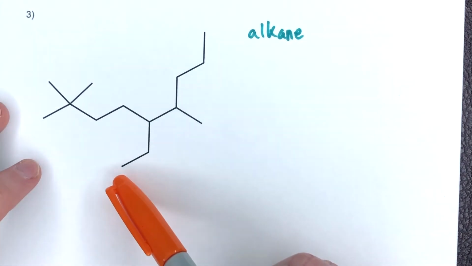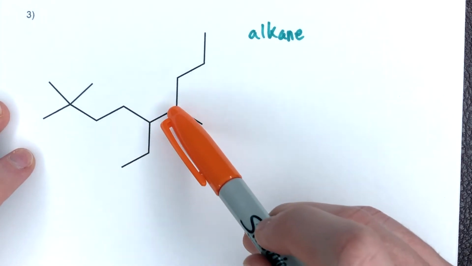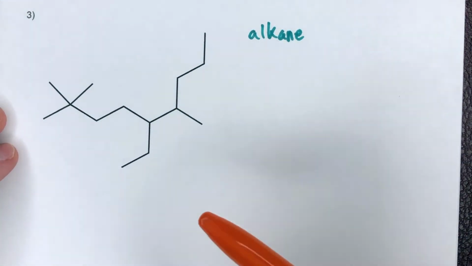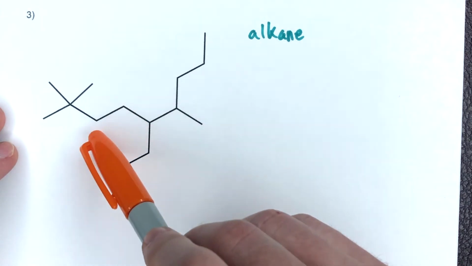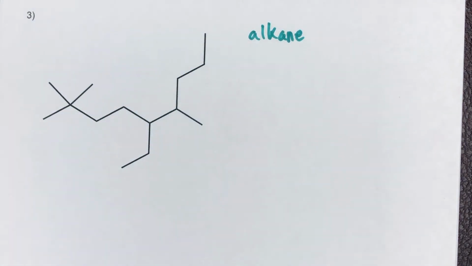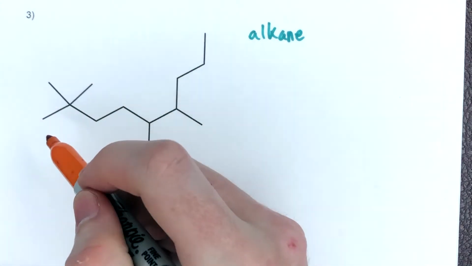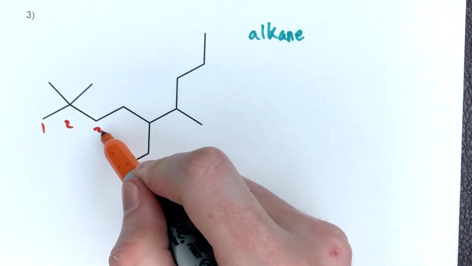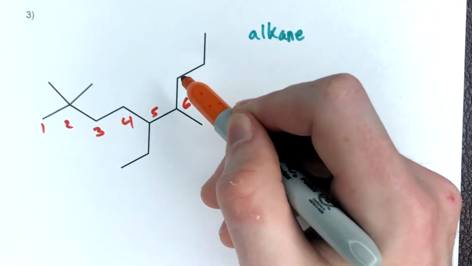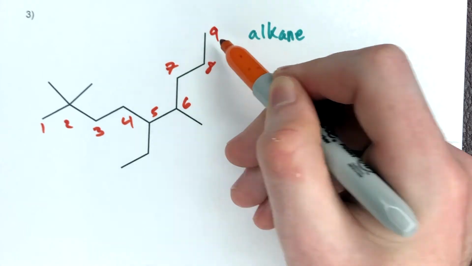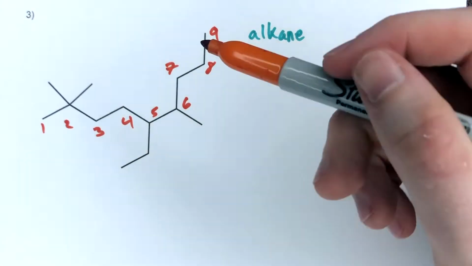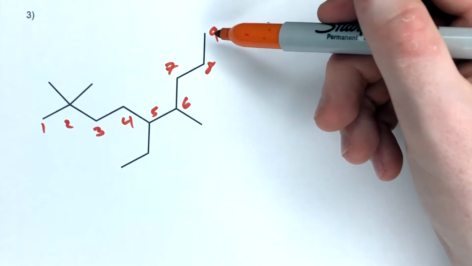Then you could go from this ethyl group all the way up, so 1, 2, 3, 4, 5, 6, 7. 7 is still less than 9. Or you can go 1, 2, 3, 4, 5, 6, 7. Again, 7 is less than 9. So we have to go from left and then up, if you will, like that. You may wonder why you don't start at what I've labeled as 9 and go down.